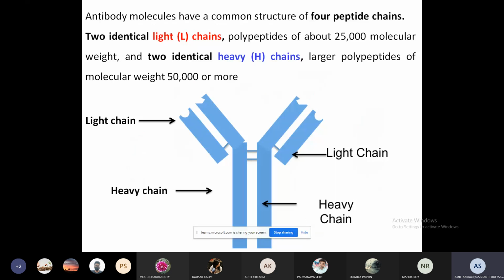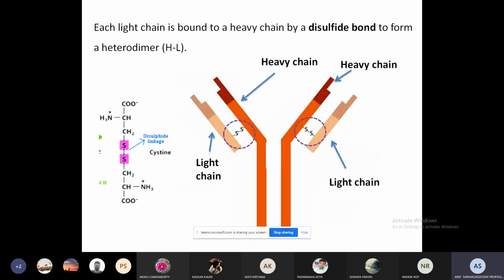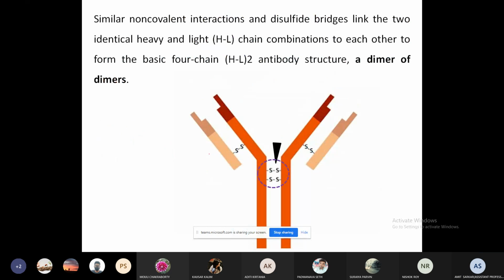Four peptide chains: 2 identical light chains, 2 identical heavy chains. Light chain size is 25,000 Dalton, and each heavy chain is 50,000 Dalton, so total 150,000 Dalton. One light chain remains bound to a heavy chain by a single disulfide bond, and then the heavy chains remain bound to each other by 2 disulfide bonds or non-covalent interactions.